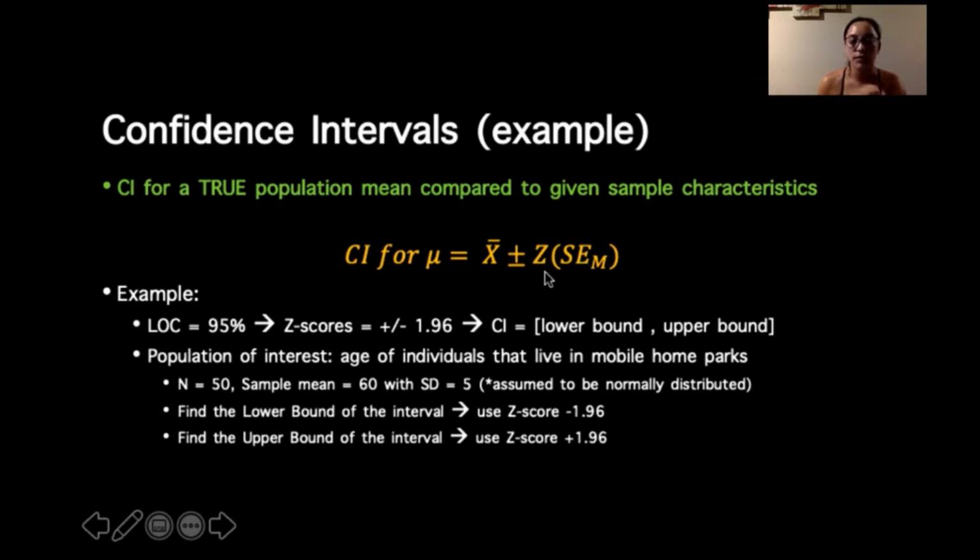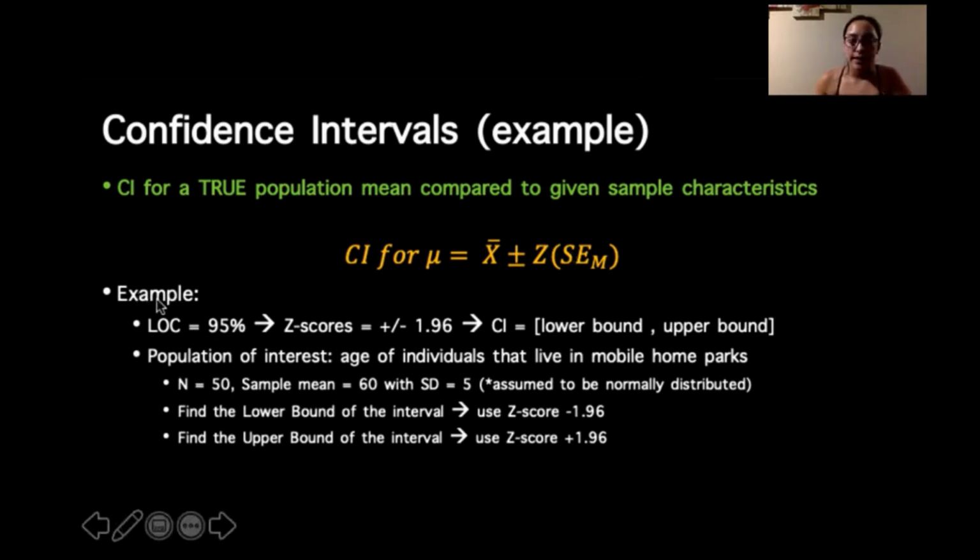The product of that subtracted from the sample mean is the lower bound of your confidence interval. The product of these two things plus the sample mean is the upper bound. So we get two real numbers in the unit of measurement you've collected, and the true population mean should exist between those two values based on this information.